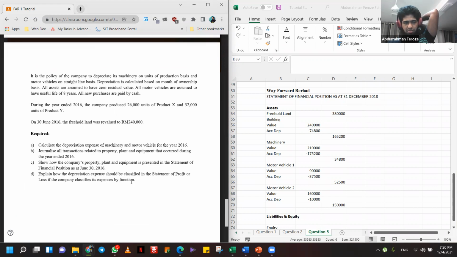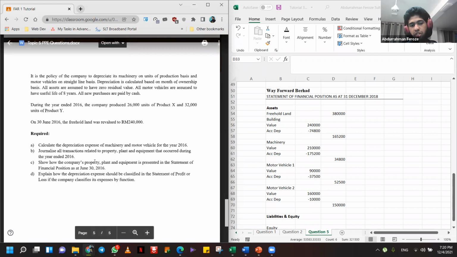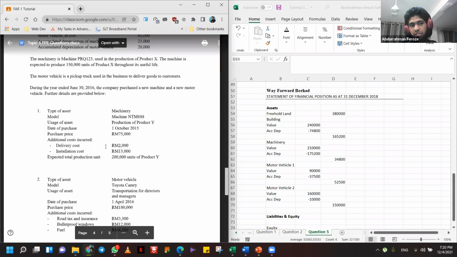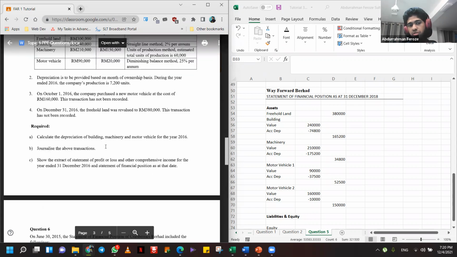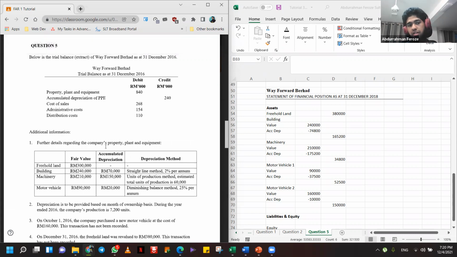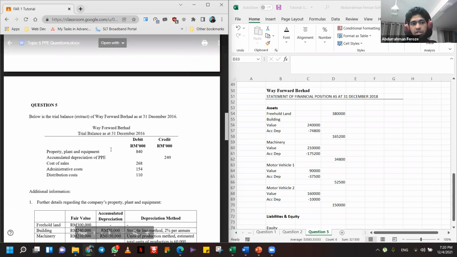I'm not sure exactly what that should be. I'd have to look into that further. That's like a 1 mark question anyway. But the main thing is A, B, C, right? So if you guys could try question 6 during the week, just to ensure that you have full understanding of what we have covered today, that would be better for you guys as well.